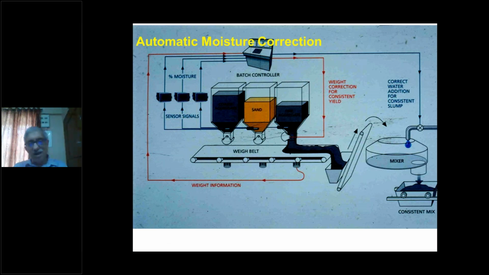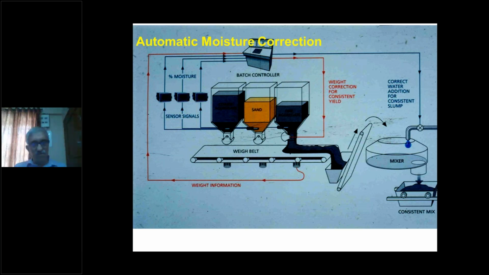So the moisture content correction is automatically done and the computer gives instruction to the valve over here to release less water or more water depending on the moisture measured by all these three probes and fed into the computer. So this is very, very important. The what I call as the control of water cement ratio on an easy chair. The computer does the job if you have the measuring systems.